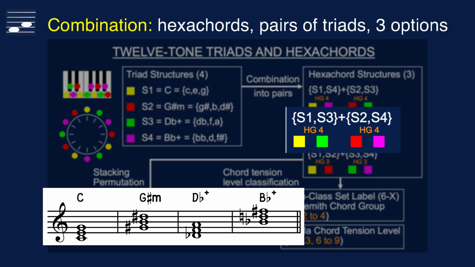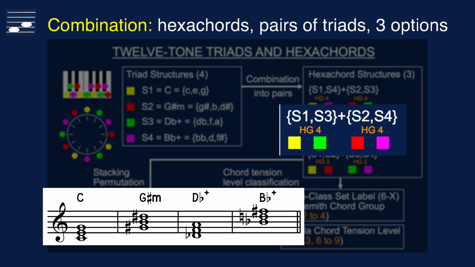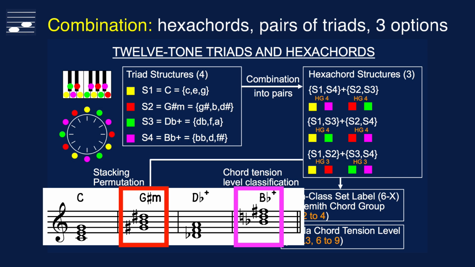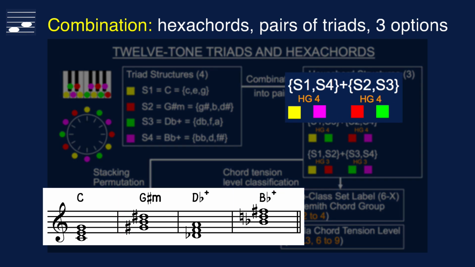The second option is to combine S1 and S3, with the other 2 yielding the second hexachord. Here's the third combination option that yields 2 hexachords that together contain all 12 pitch classes.